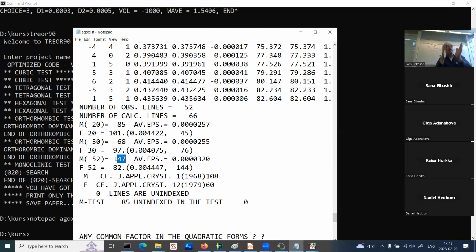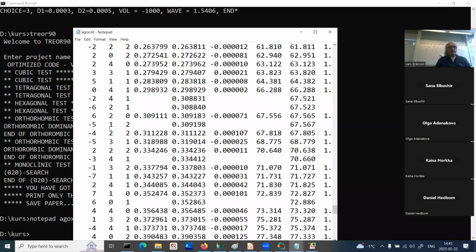So summing more lines, but with a smaller difference, one effect would take out another effect.